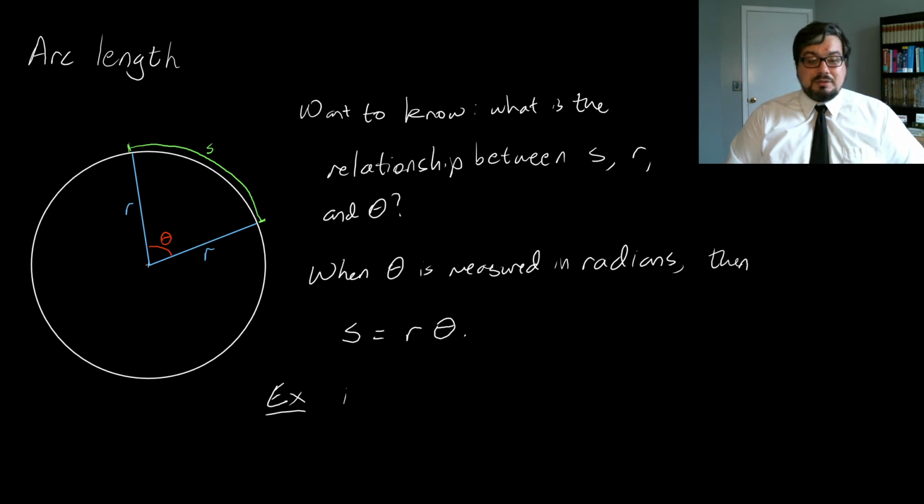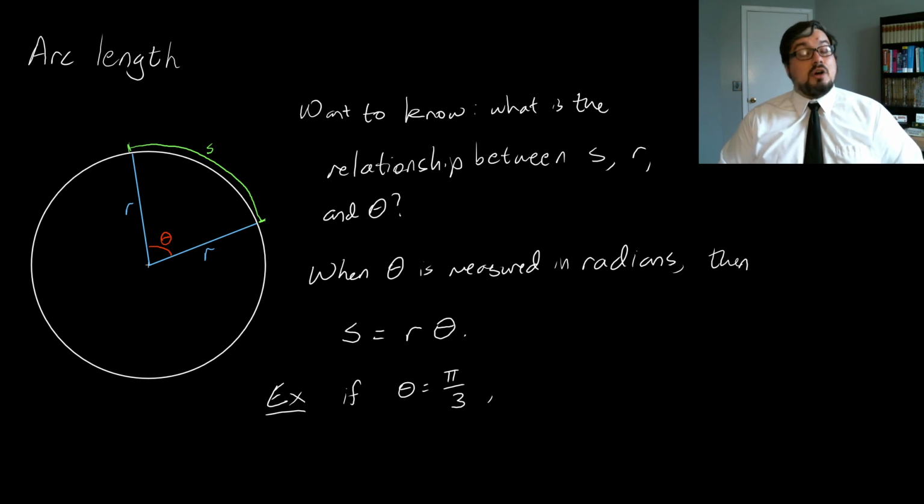So, for example, if theta is equal to pi over 3 radians, which is also 60 degrees, but 60 doesn't work here. We can't use degrees here.